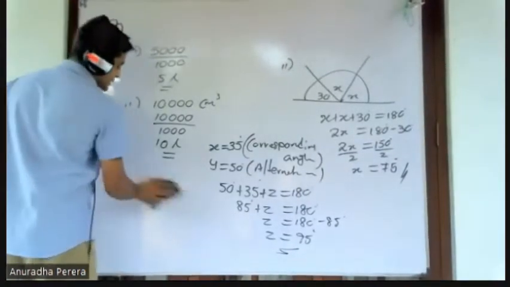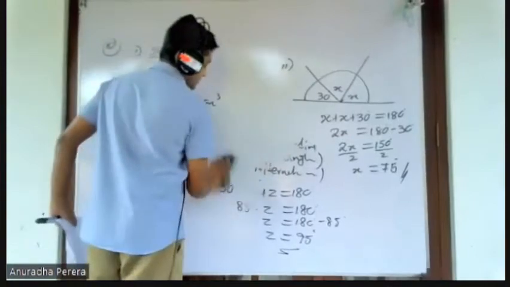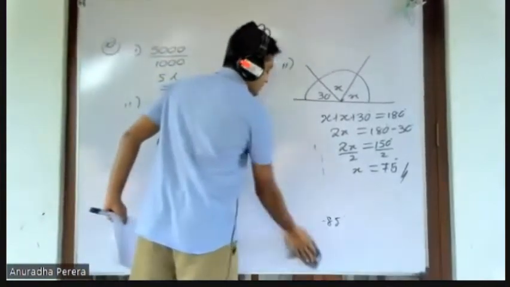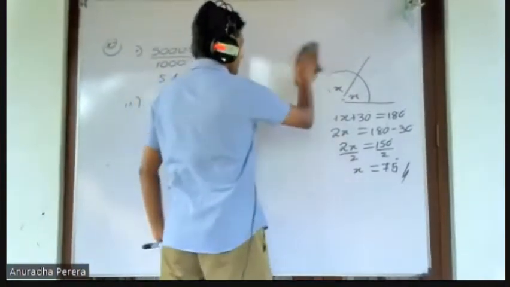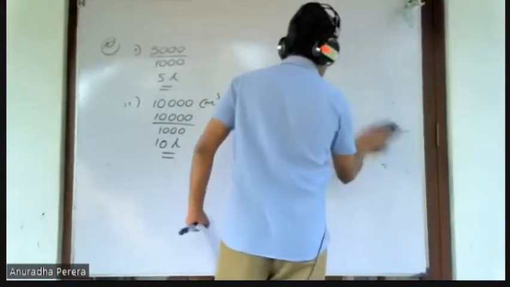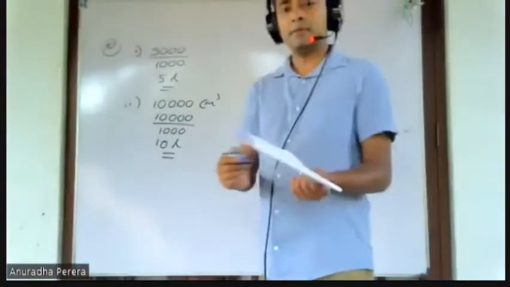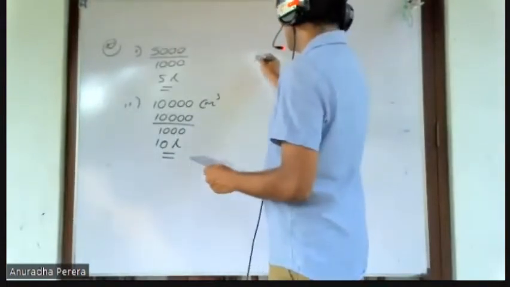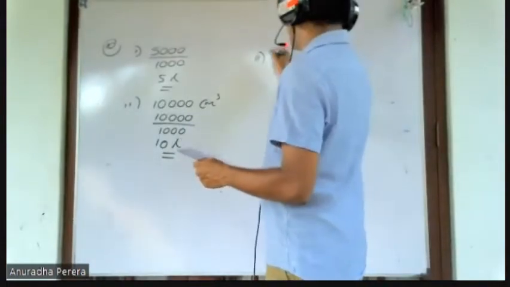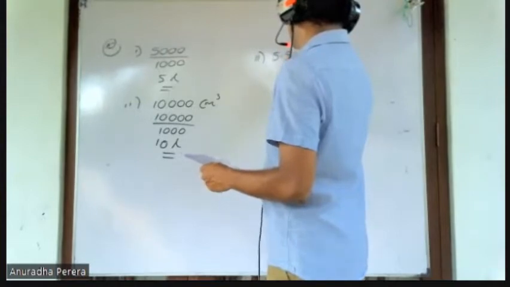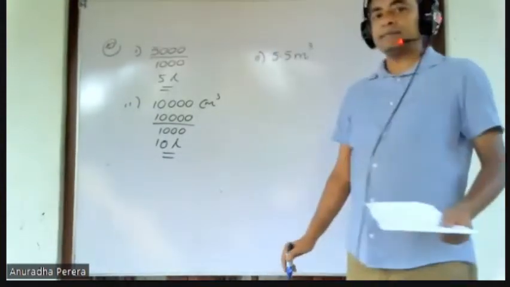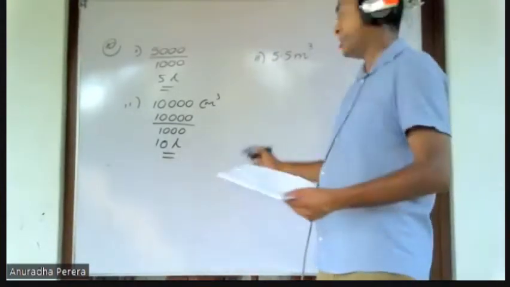1 cubic centimeter equals 1 milliliter. Next one, 5.5 cubic meters. 1 cubic meter equals 1,000 liters. That's the relationship.